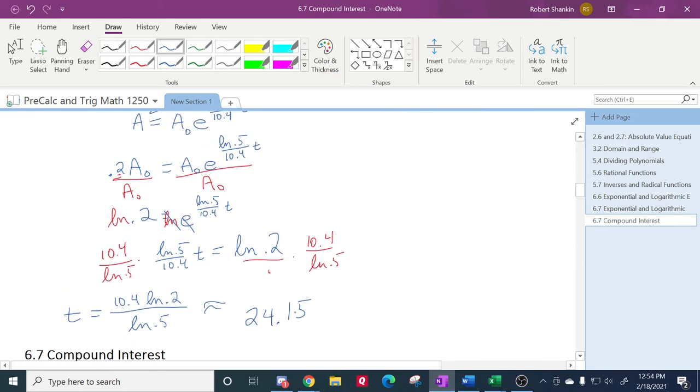About 25 years, or 24 years. Remember, this is my exact answer. I want you to label these like I am. Approximate answer. And then I want to ask, is this reasonable?